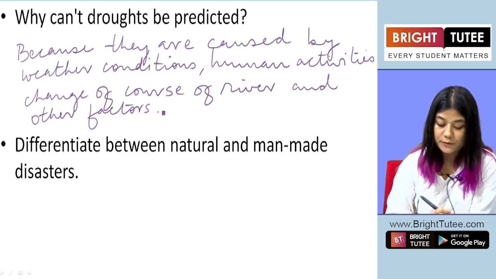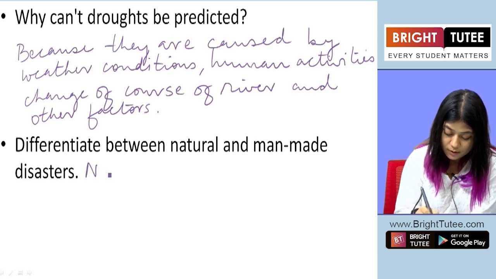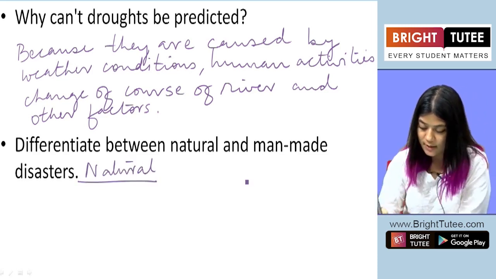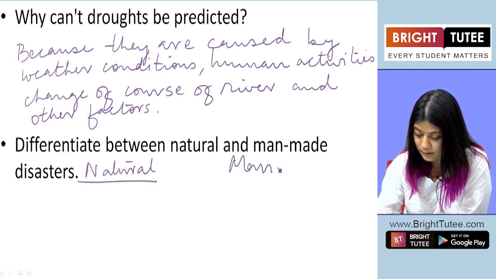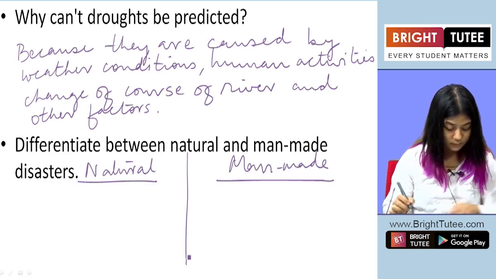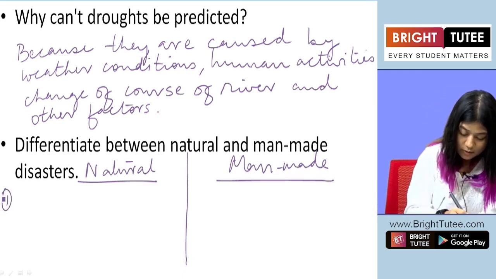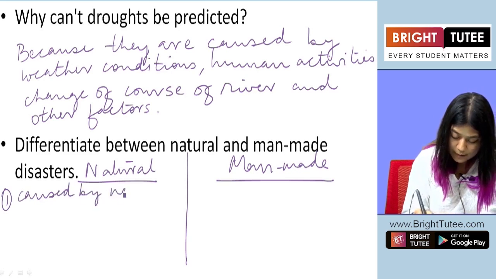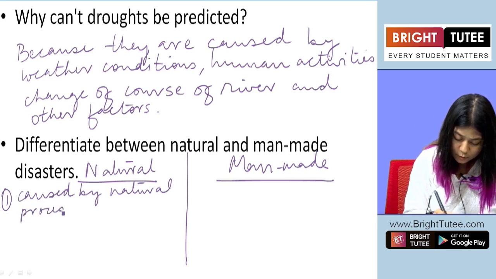The next question: differentiate between natural and man-made disasters. So let's make two columns. Here we'll put the natural disaster and here we put the man-made disaster. Natural disasters are caused by natural processes.